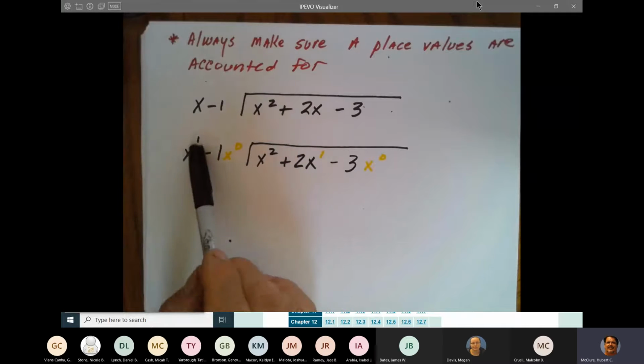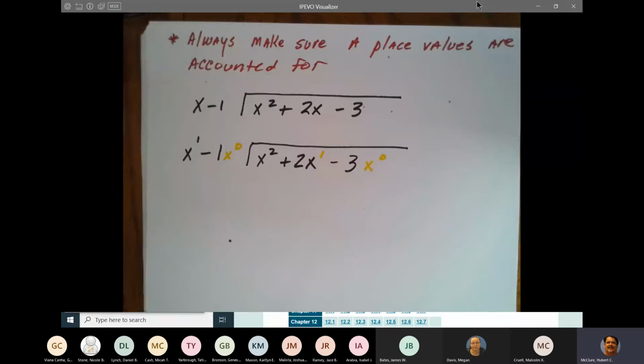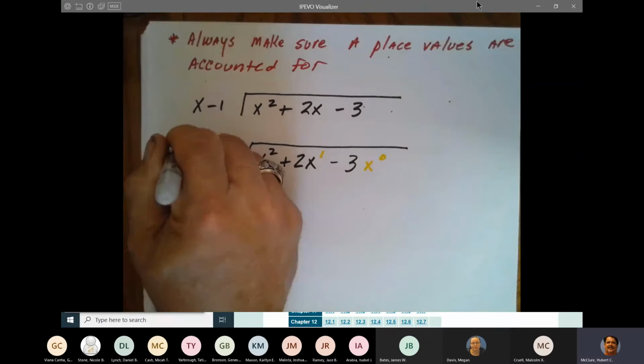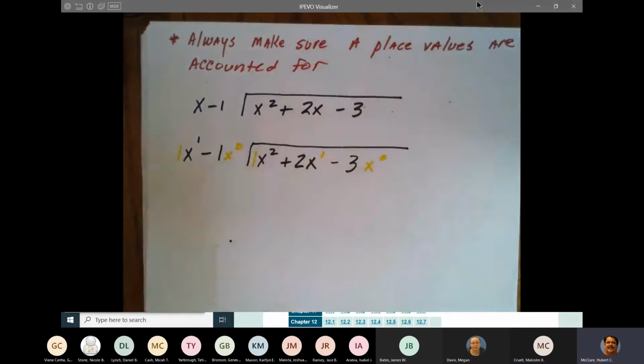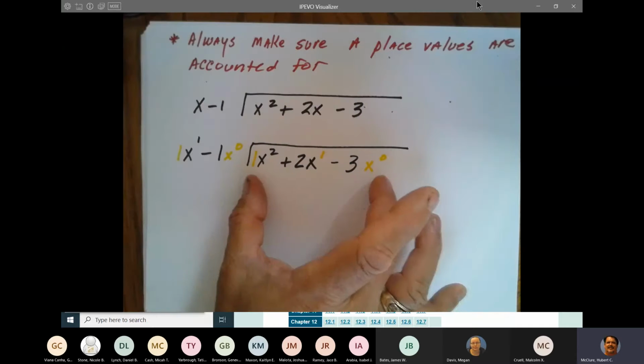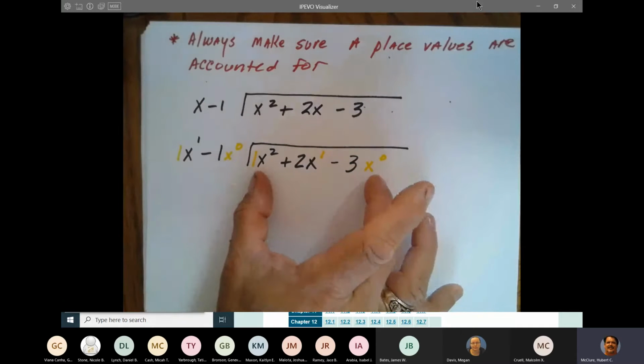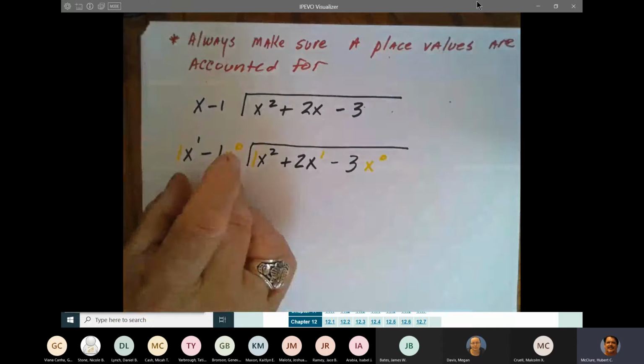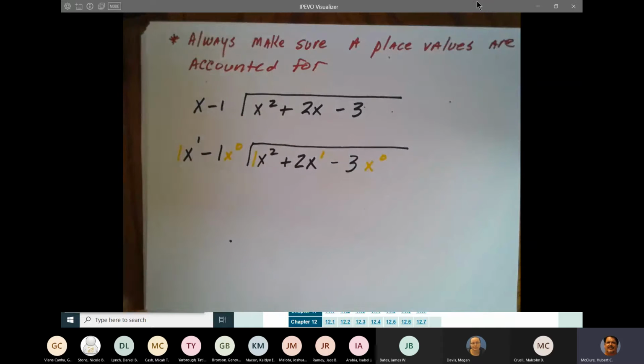And this x to the first has a coefficient of 1, and this one has a coefficient of 1. So can I make every term in algebra a coefficient and a variable? Yes. And within the parameters of that expression, the values that are there have to be accounted for.